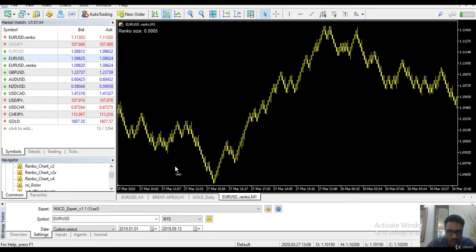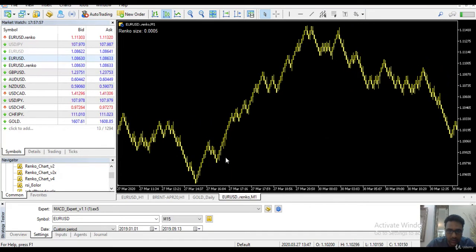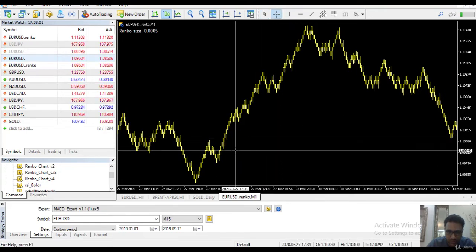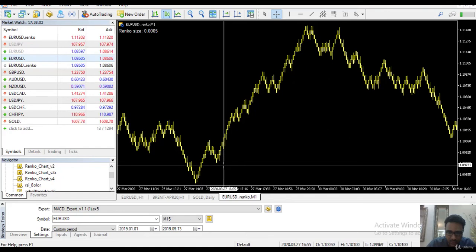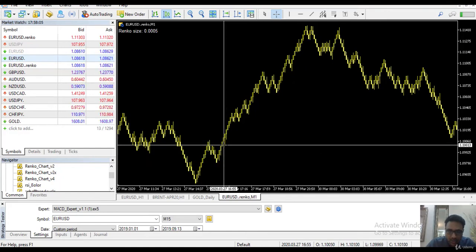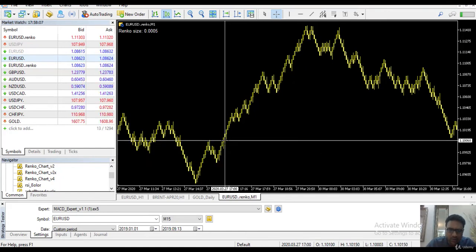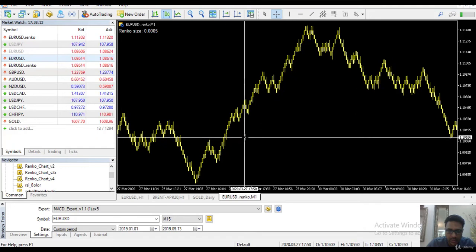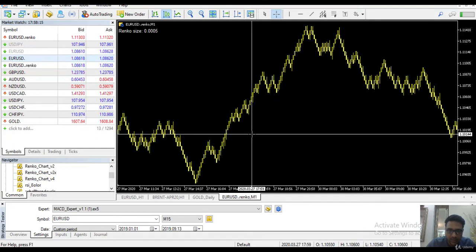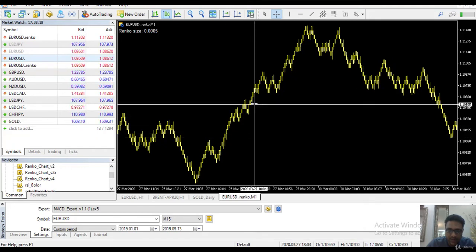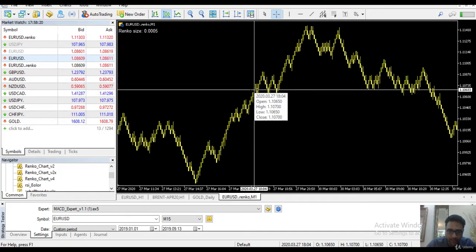So what we were doing was looking at the points of 27th March, so this is here. That candle we were looking at for the 1 hour time frame was from this area till the end of 18th, roughly about here.